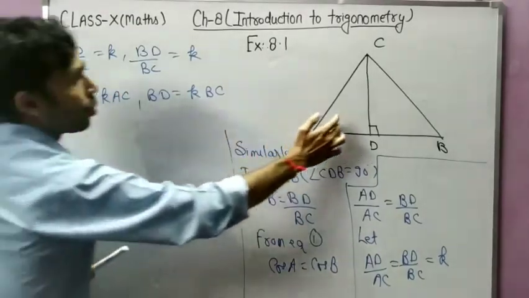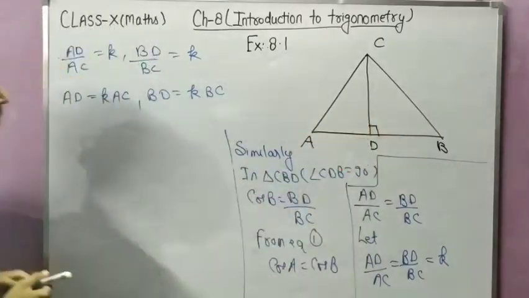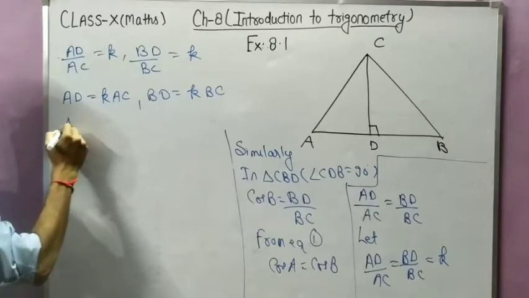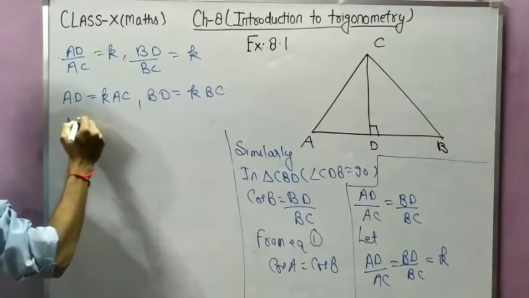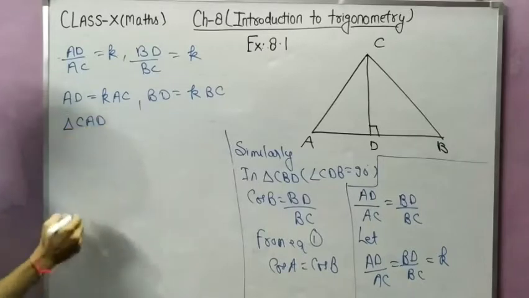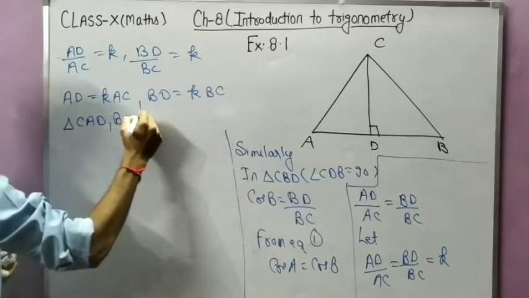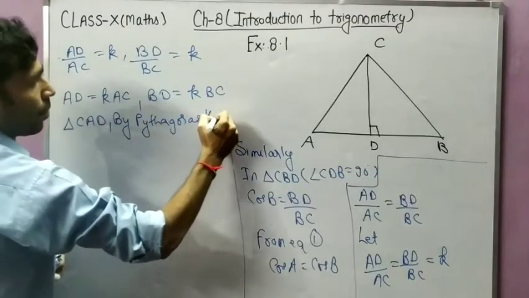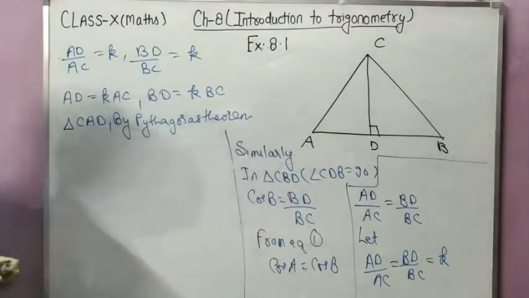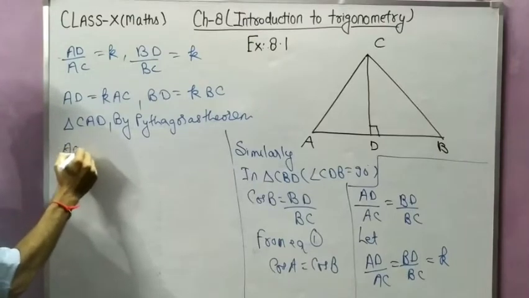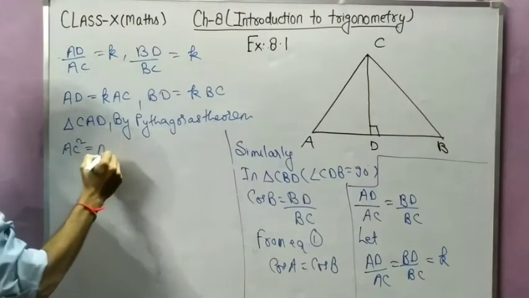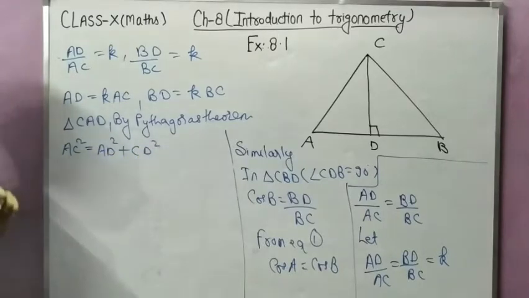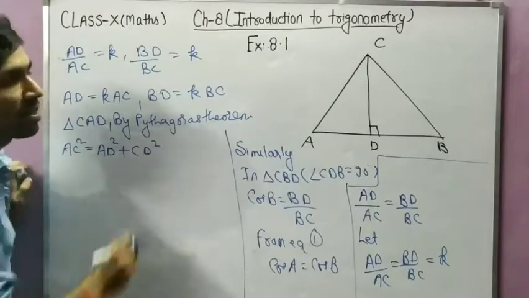Okay, in both two triangles. So now, student, suppose in triangle CAD, by Pythagoras theorem, I can write now AC square is equal to AD square plus CD square.